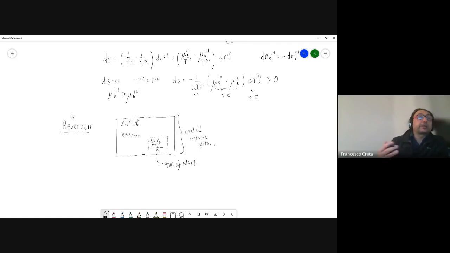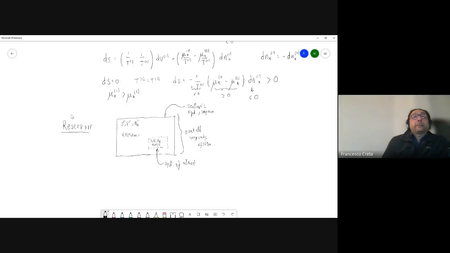We're considering a reservoir kind of system where the outer walls, instead of being isolated, are in fact isentropic, and obviously rigid, so we don't exchange any work, and impermeable.